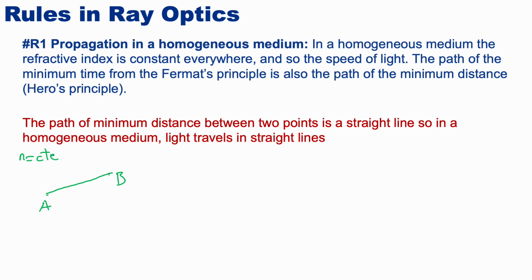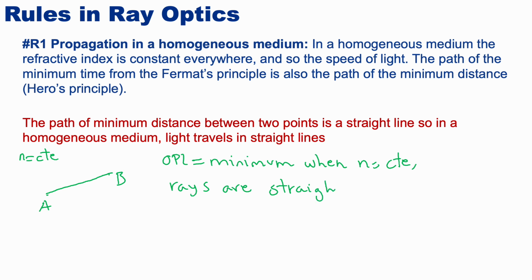That means the optical path length is a minimum when the refractive index of the medium is constant. So rays are straight lines. This is key for geometrical and ray optics because it is the basis of everything.